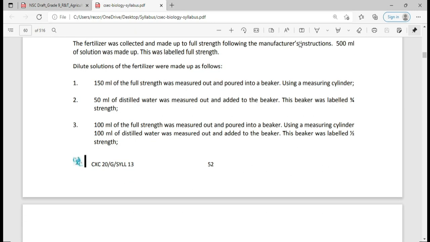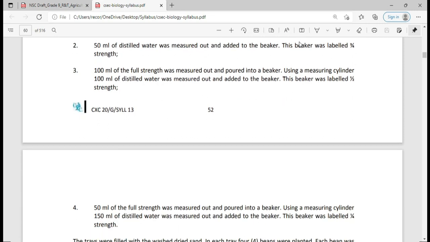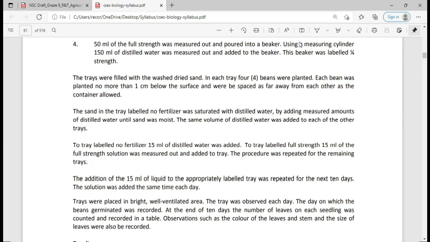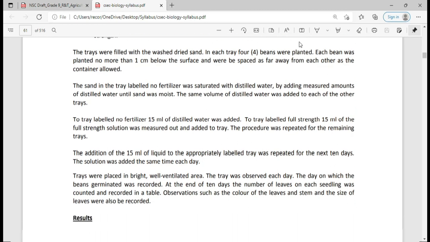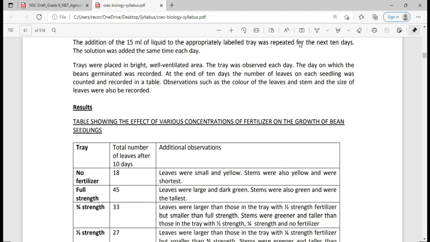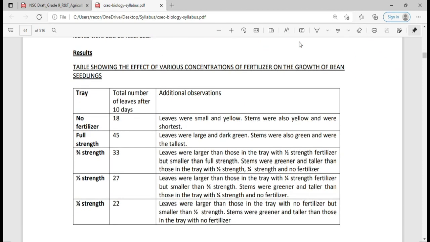You can pause your screen at any time to read what is there and compare it to what you have in your experiment. So it's clearly stated here in 4 what is expected of you in the procedure. And remember, in the interest of time, you can pause the screen to, of course, write off the procedure or to acquaint yourself with the procedure.